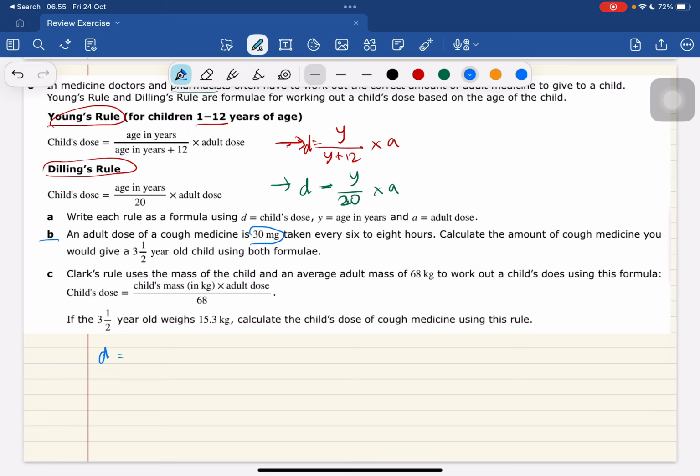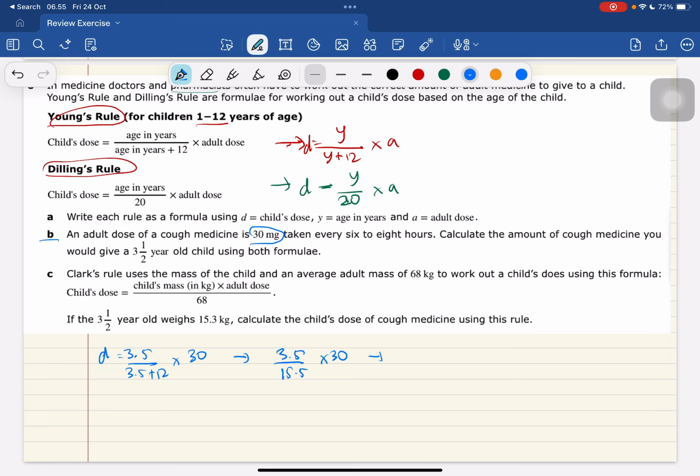D equal to age in years is 3.5, divided by 3.5 plus 12, and with the medicine of 30. So let us continue. So this is 3.5, and here is 15.5 times 30.